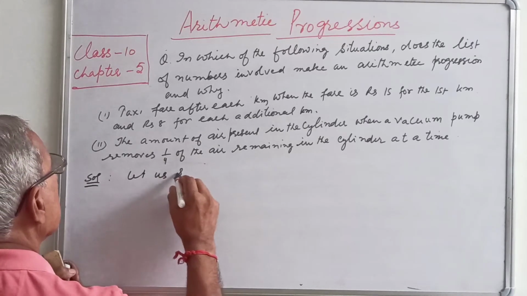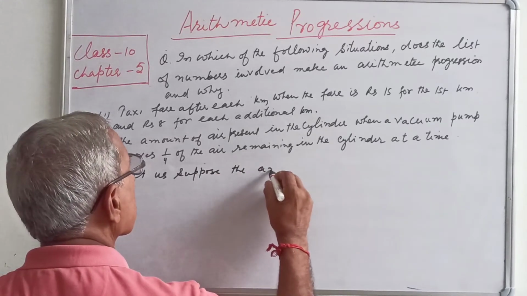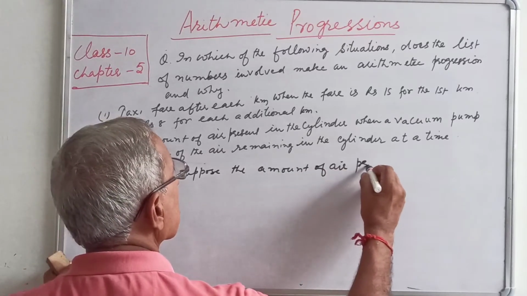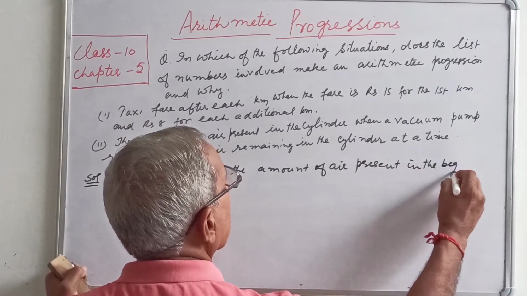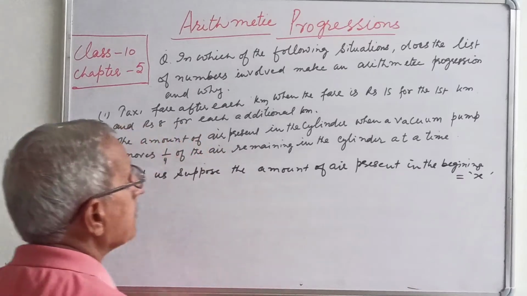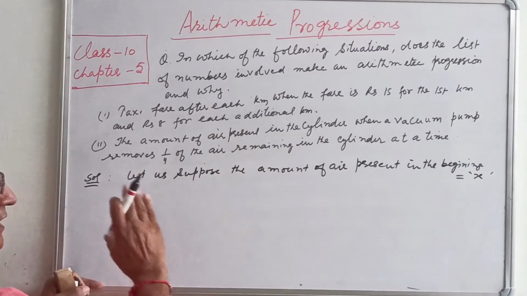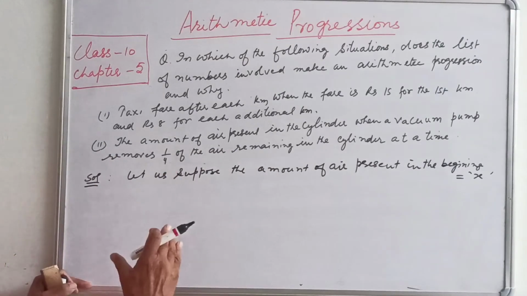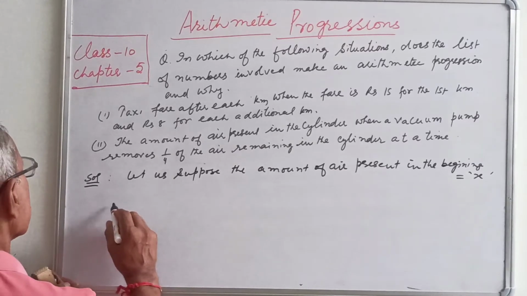Let us suppose the amount of air present in the beginning is equal to x. Then the air present after each successive removal of 1/4 of the remaining air will be the sequence of numbers according to the question.